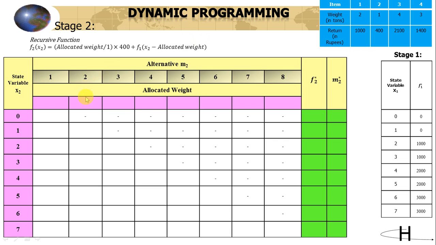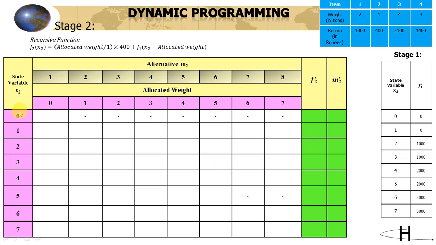There will be alternatives ranging from 0 to 7. These values are multiples of 1 because the weight of item 1 per unit is 1 ton. So from 0 to 7, the total alternatives will be 8.